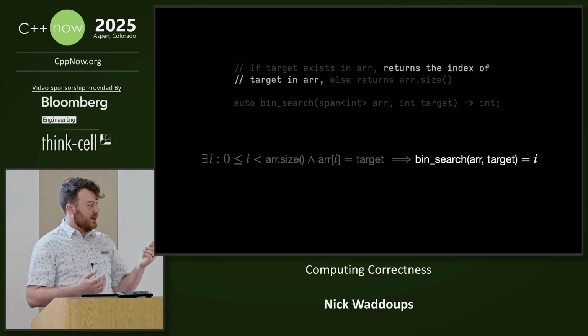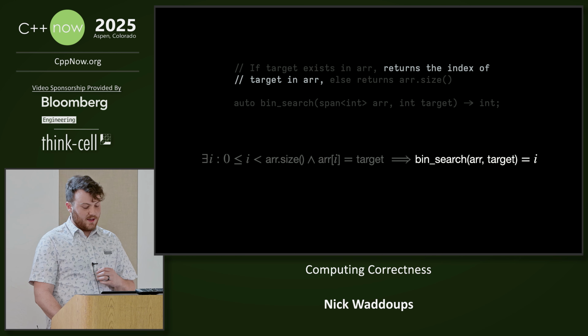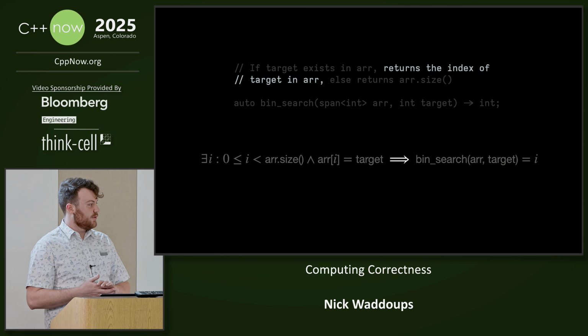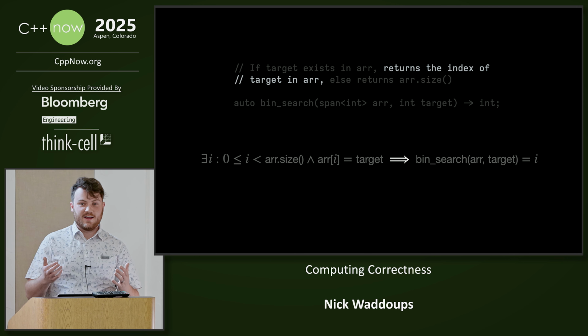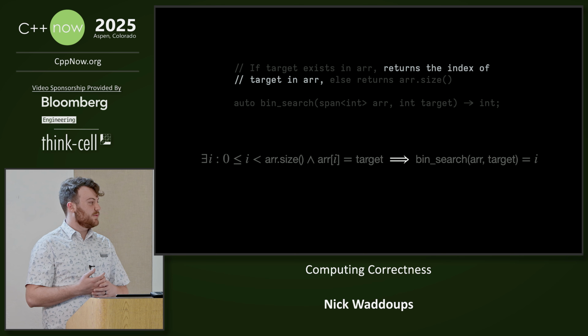How we can encode that in math is by calling this binary search function on array and target, and we're going to get our index out. In the middle here, we have this implication operator. This is a Boolean operator that, at least for me, I did not learn about when I learned all the other Boolean operators.